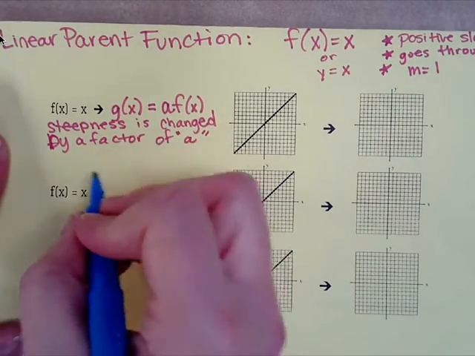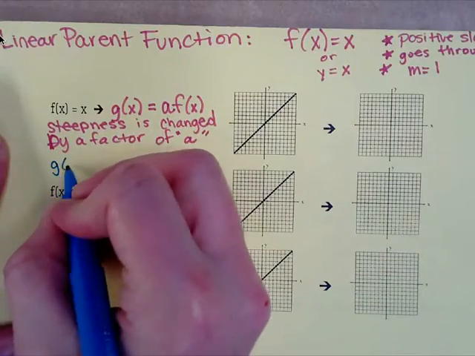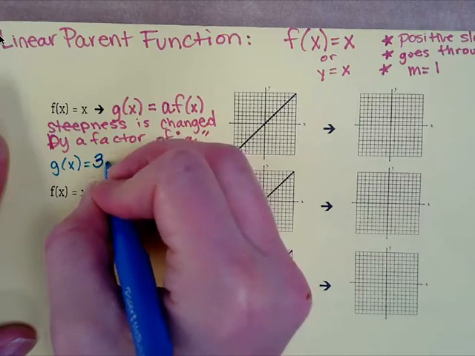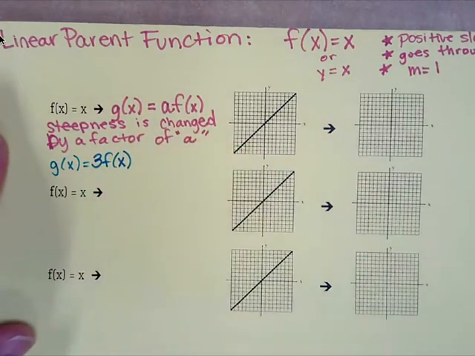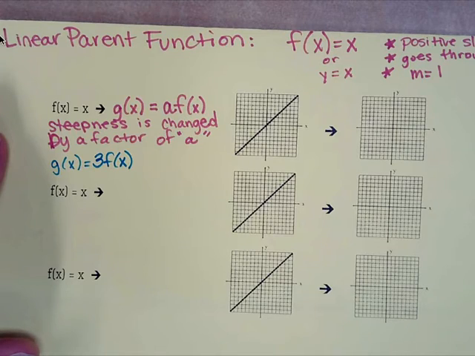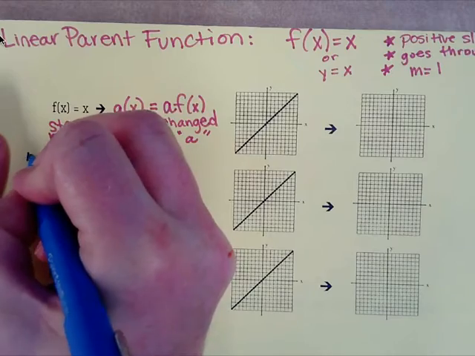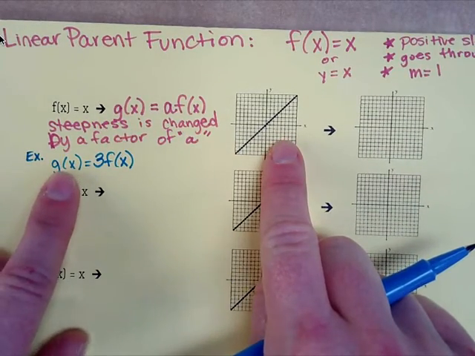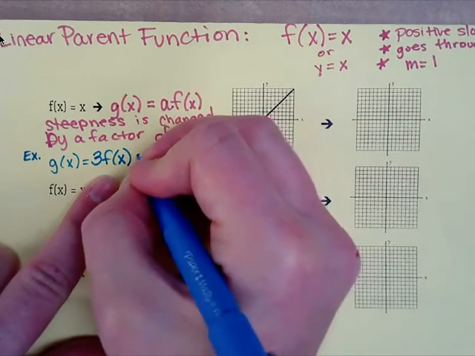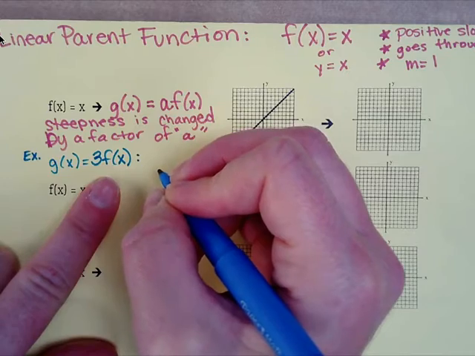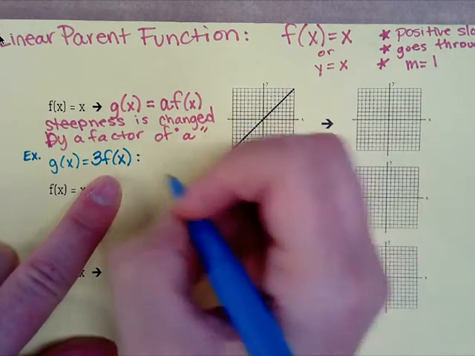So let's say we have g of x equals 3 times f of x. This is just an example. So that's what we're going to do with our graph. So the change here is changed by a factor of 3, sorry.